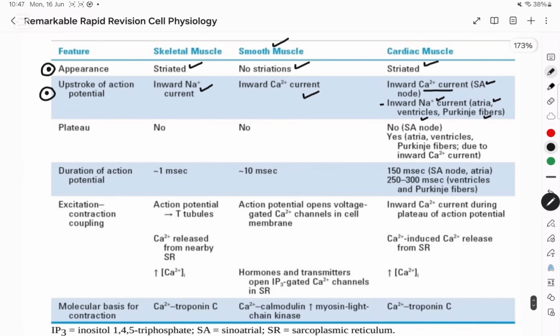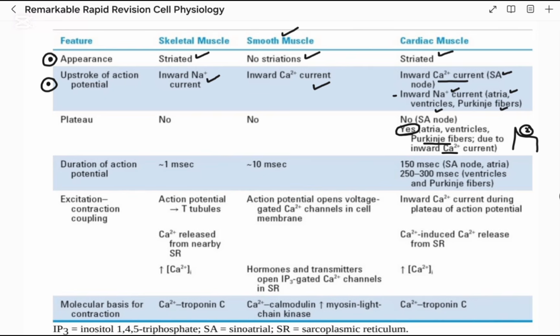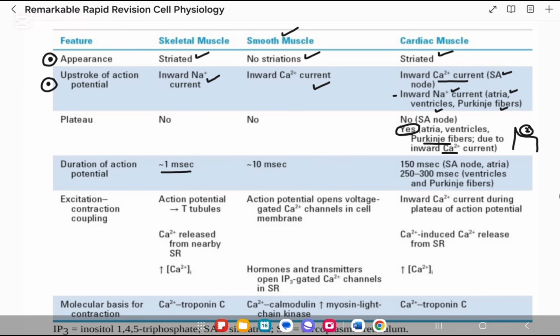Plateau phase is only present in the ventricles, atria and the Purkinje fibers due to the invert calcium current. So just in the step 2 there will be a plateau phase, and this is due to the invert calcium channel. Duration of action potential, it is the quickest in the skeletal muscles and moving, and you can appreciate others as well.